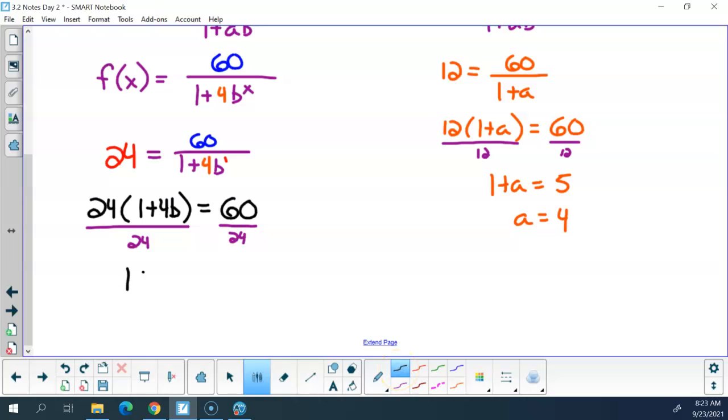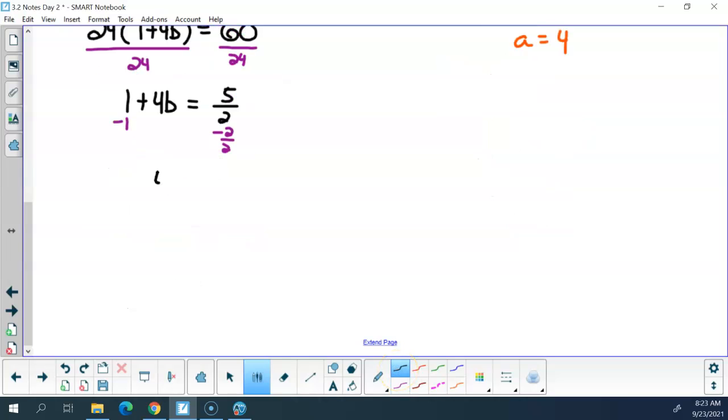So that's 1 plus 4b equals 5 halves. Subtract 1. Subtracting 1 is the same as subtracting 2 halves. So that's 4b equals 3 halves. Dividing by 4 is the same as multiplying by 1/4, right? So that gives me b is 3/8.